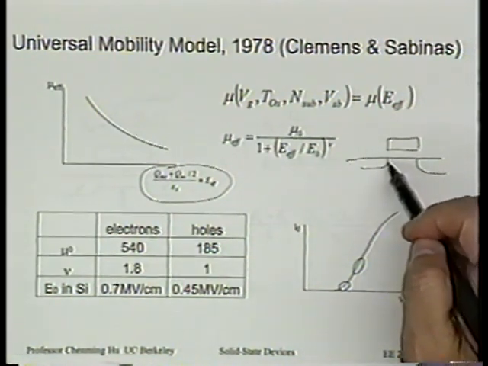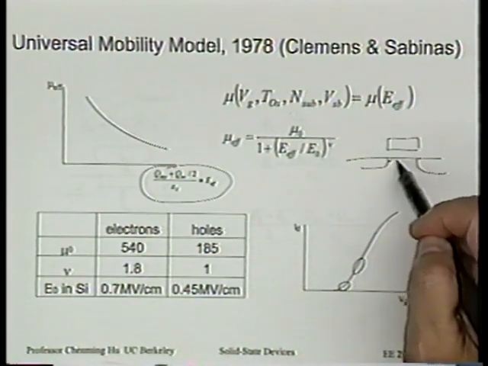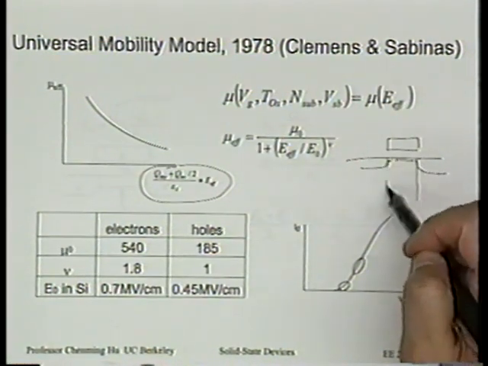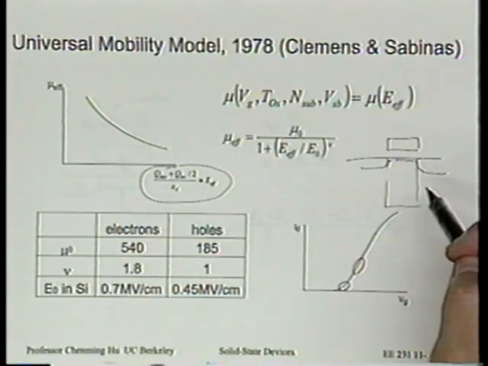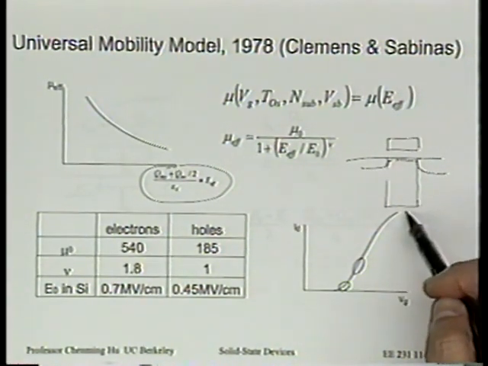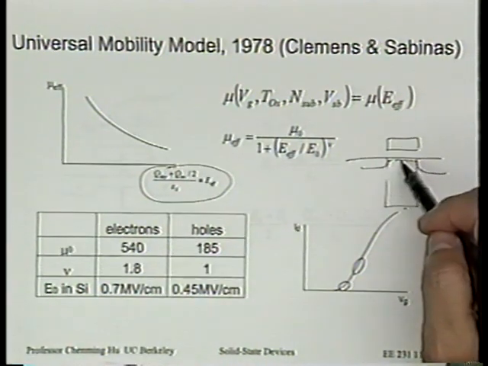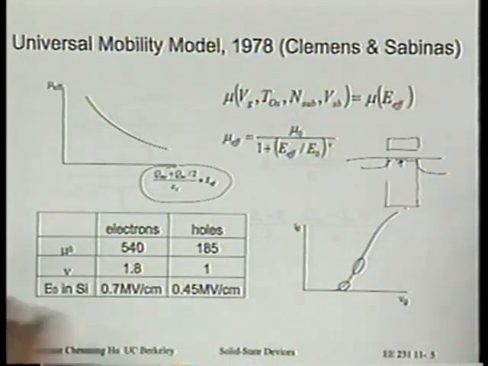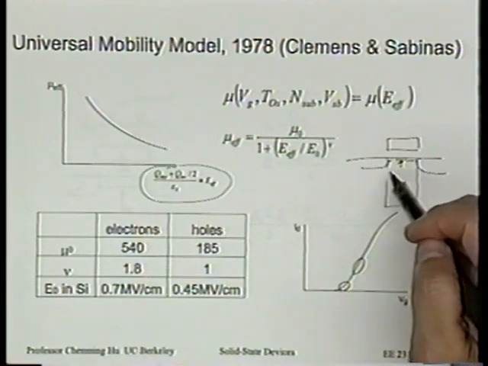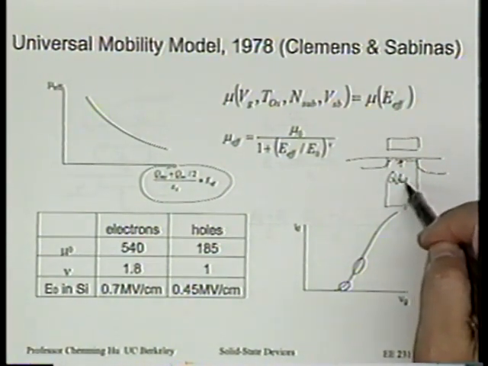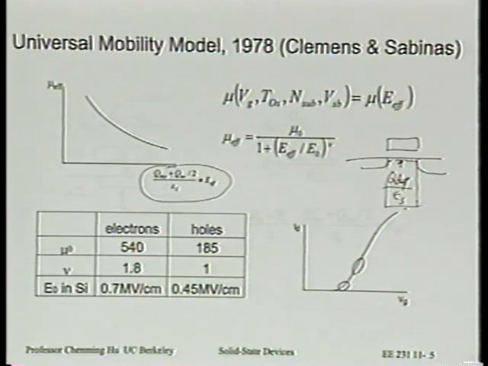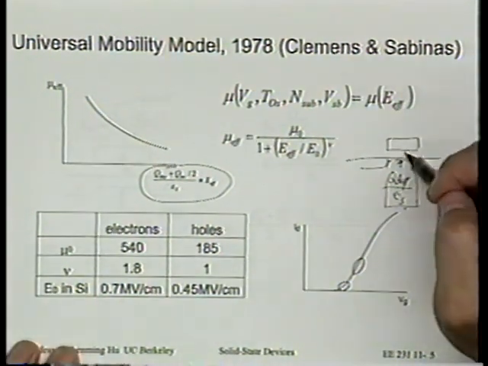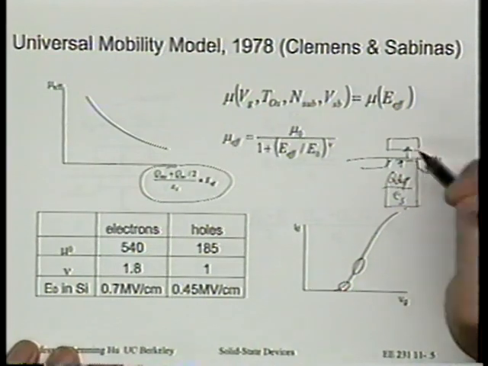Let's first look at underneath the inversion layer. Suppose I draw a Gauss box that includes all the depletion region. The electric field on the bottom is 0, right? If I draw the box there, the electric field here, which is the electric field under the inversion layer, would be Q depletion divided by epsilon s. Do you agree? Yes? Now, what's the electric field on top of the inversion layer?